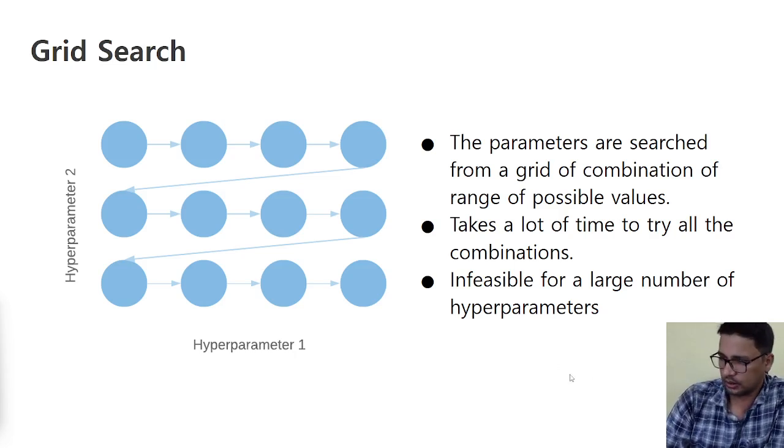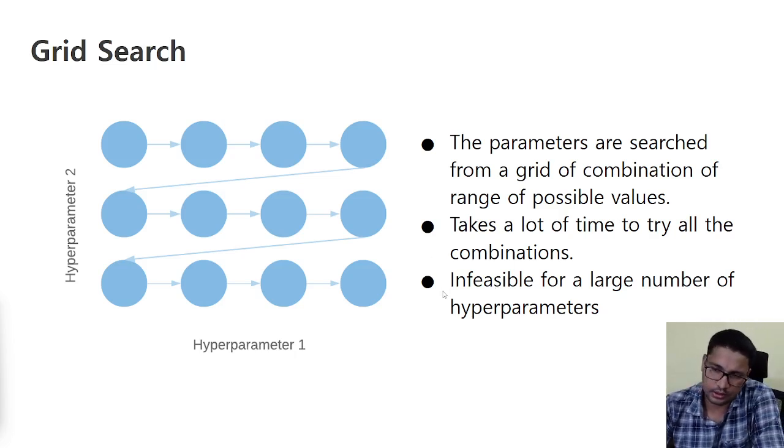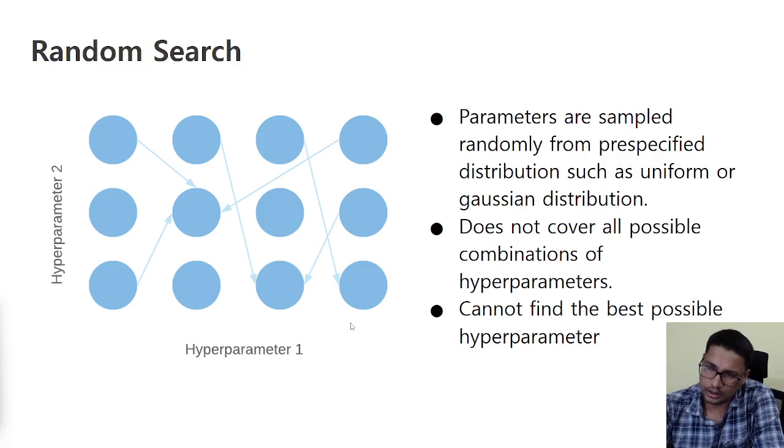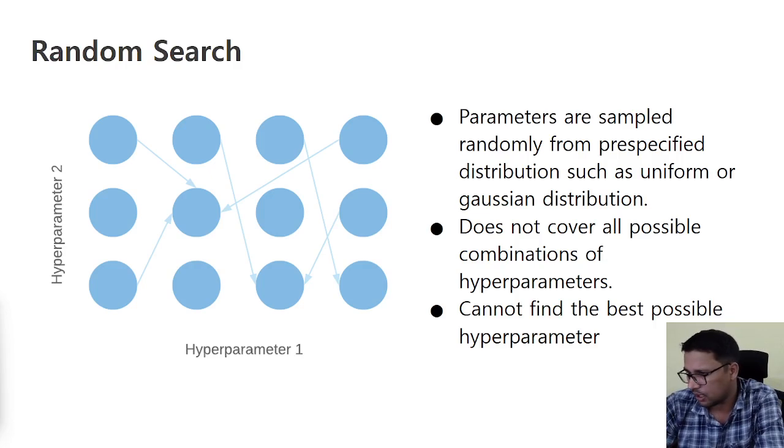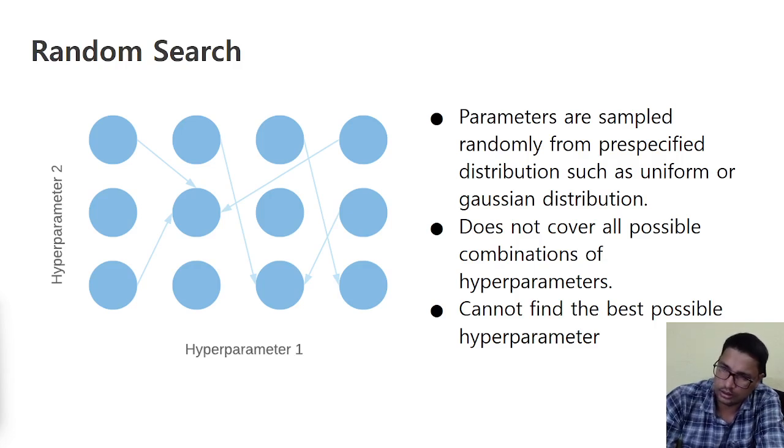Okay, but this is not feasible if we are working on a large data set, right? It could be very time consuming, right? And then in this case, we can randomly select some hyperparameters, but here also some good hyperparameters could be missed by this random selection.